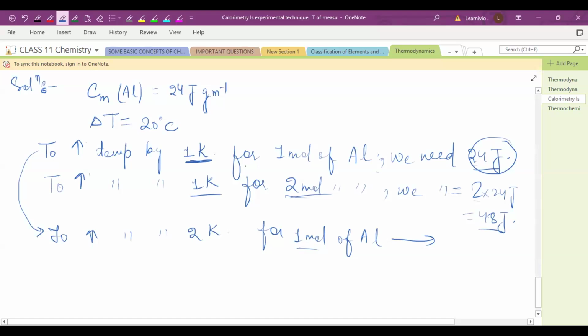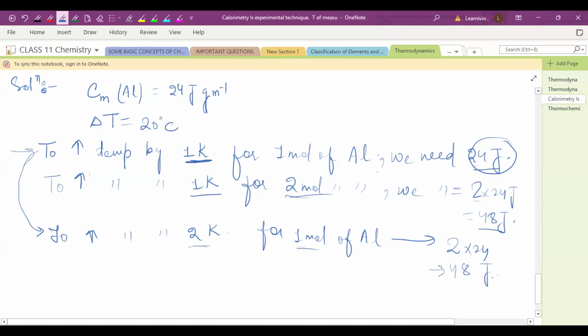If the number of moles is the same and you increase the temperature by 2 Kelvin, again you multiply by 2, so 48 joule is required.